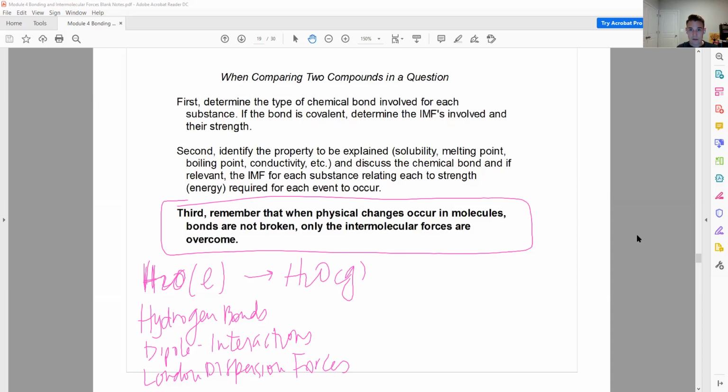Let's look at some other examples. So, carbon monoxide. It's a C and an O bonded together, and that's going to be polar.